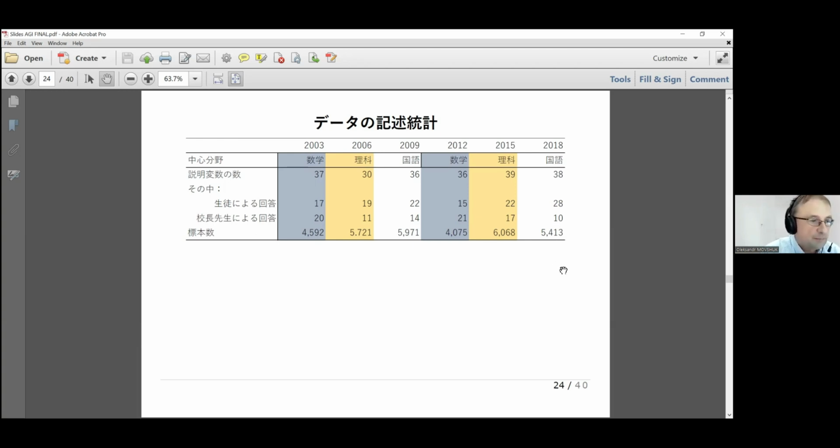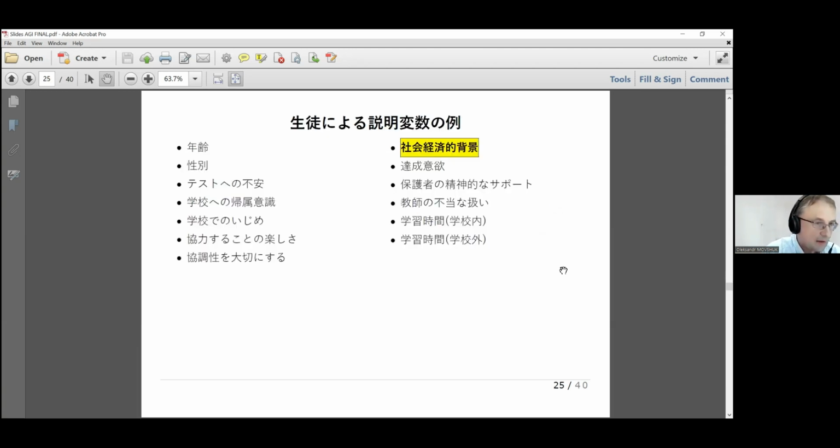Sample size is roughly 5,000–6,000 students. Questions that are asked at the level of students are shown here. First of all, age, then gender, then bullying, how the student is disposed towards cooperation, also socioeconomic status of the particular student, and so on. Also study time.